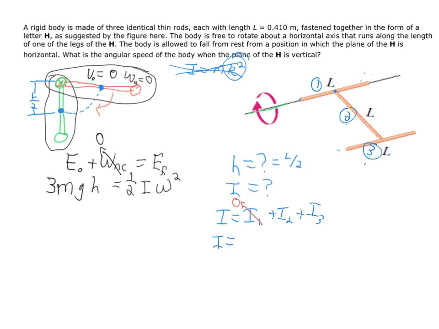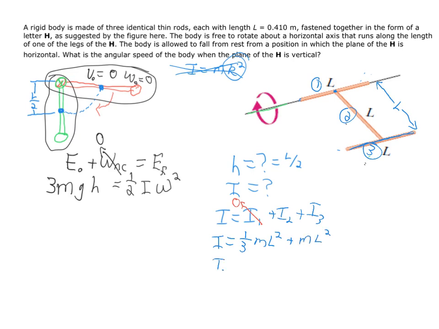So the center rod, a thin rod with the axis at one of its ends, the equation for that is just going to be 1/3 ml squared. The other rod can be treated as just a point mass, right? Because all of its mass is evenly distributed a distance of L away from the axis of rotation. So for that one, we can just do plus ml squared.